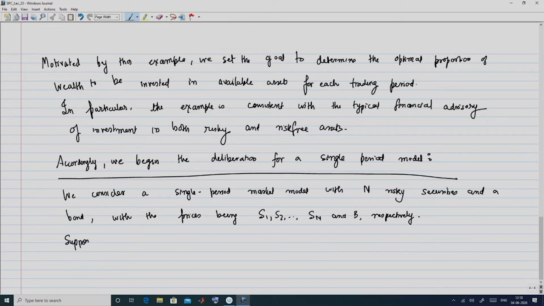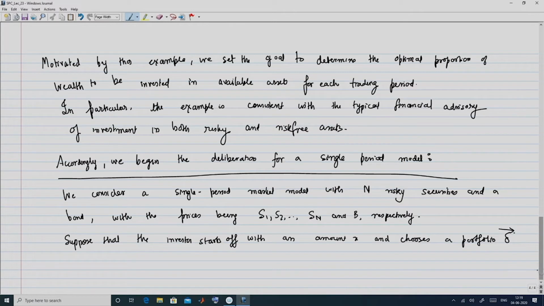Suppose that the investor starts off with an amount x and chooses a portfolio delta vector.